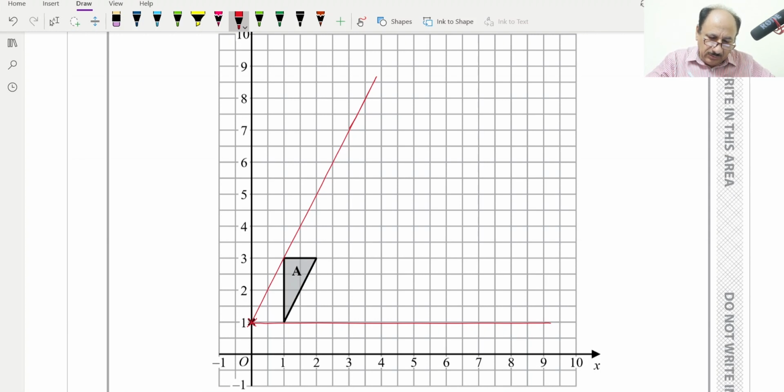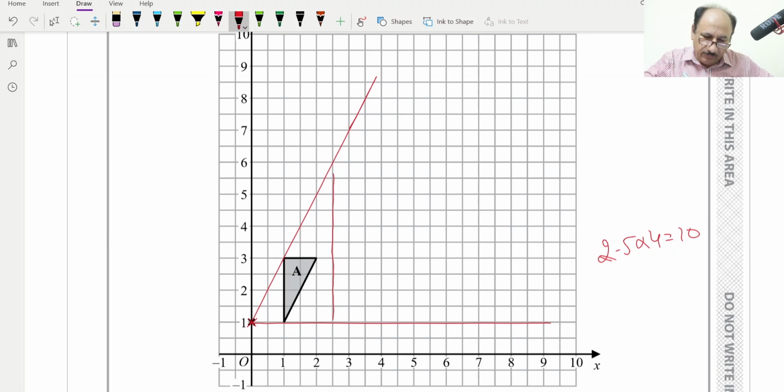Now we can check this: 1 2 3 4. So 4 units is this side of the triangle, and we have to enlarge by 2.5. So 2.5 multiplied by 4 will be equal to 10. So we have to figure out 10 units. If we check this, 1 2 3 4 5 6 7 8 9 and 10 units.